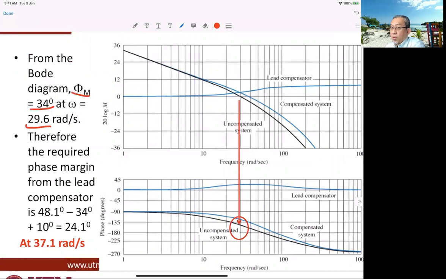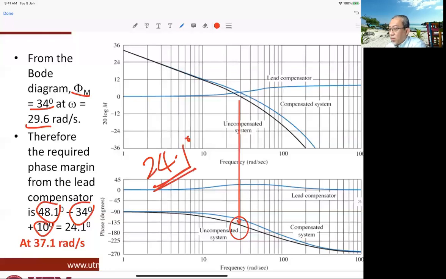Therefore, the required phase margin from the lead compensator is 48 degrees minus 34 degrees from the open loop transfer function, plus 10, which is equal to 24.1, roughly 24 degrees.